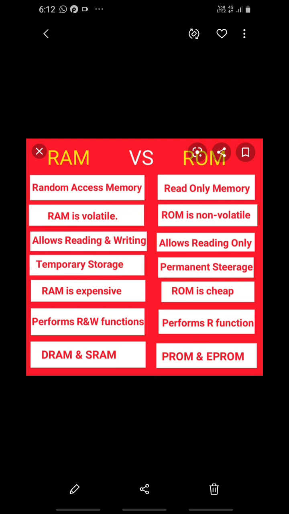It is used for specialized applications. PROM stands for programmable read-only memory. These ROMs can be used by manufacturers to store the microprograms.